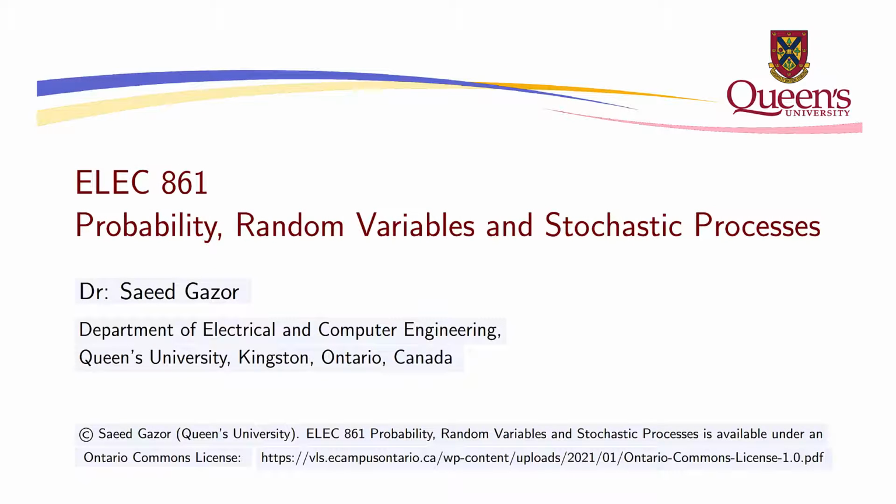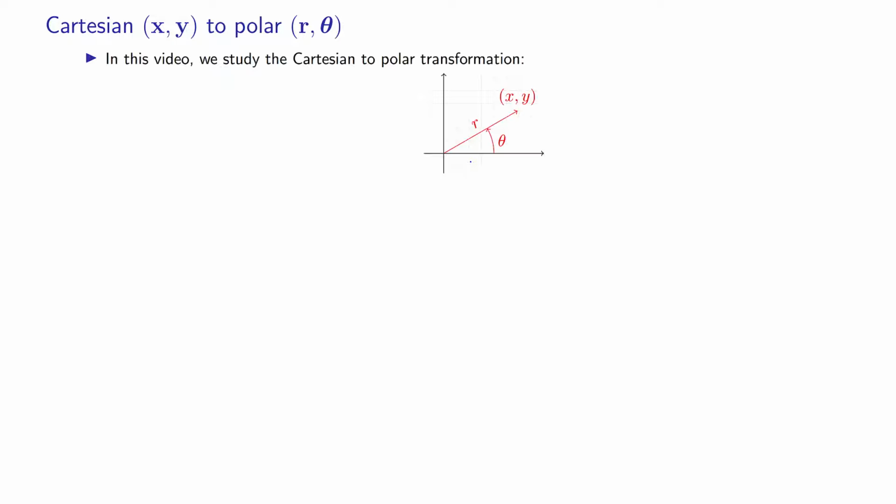Hello, in this video we will review your high school math about conversion of Cartesian representation of a point to polar representation. Consider that you have a point here on a 2D plane.